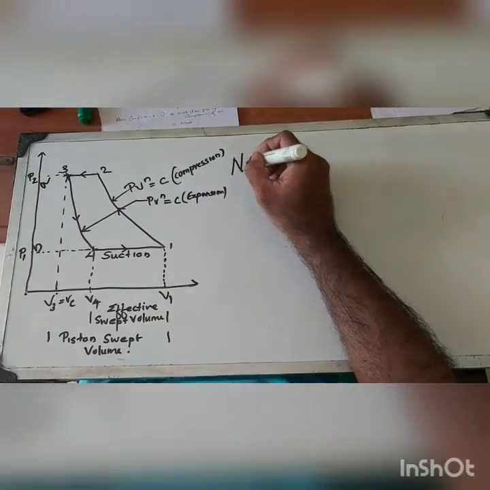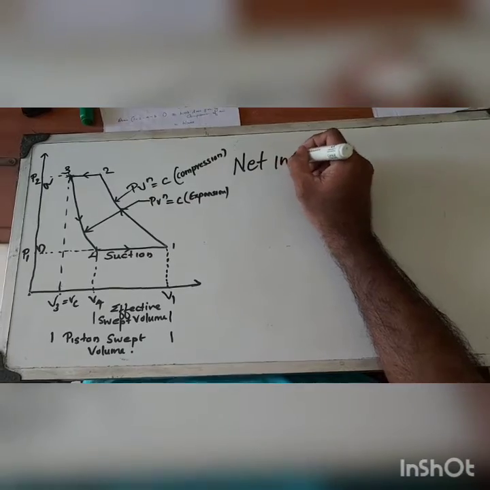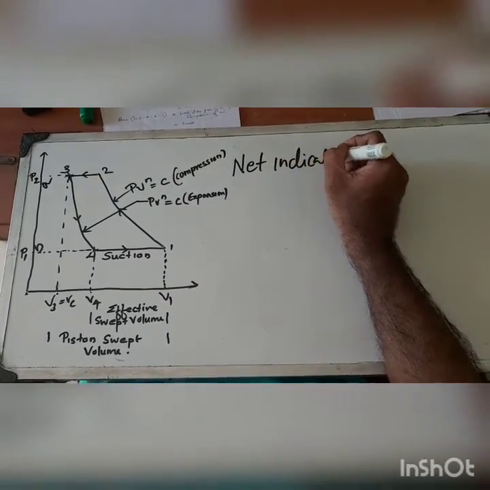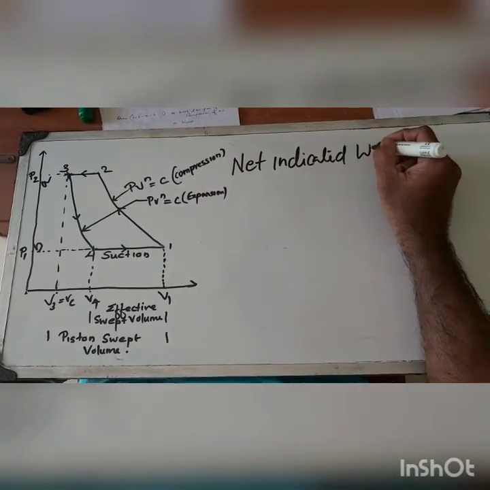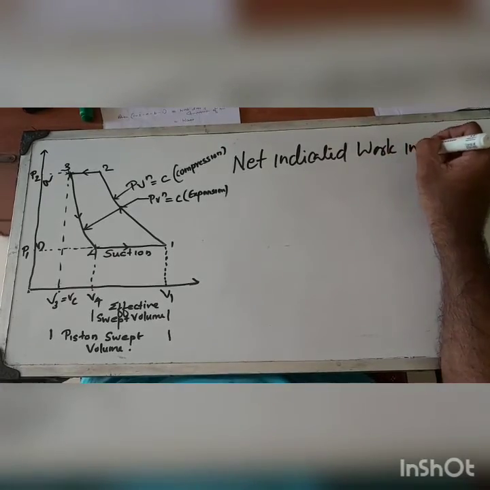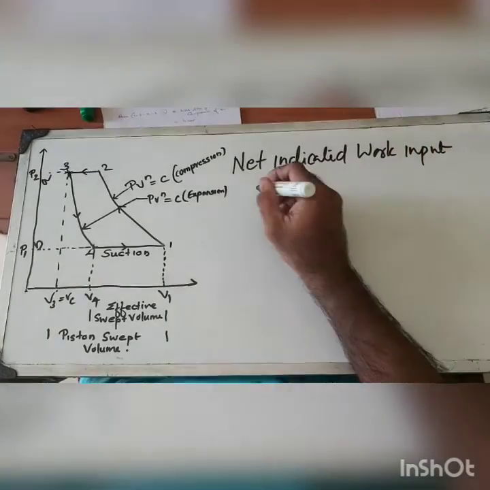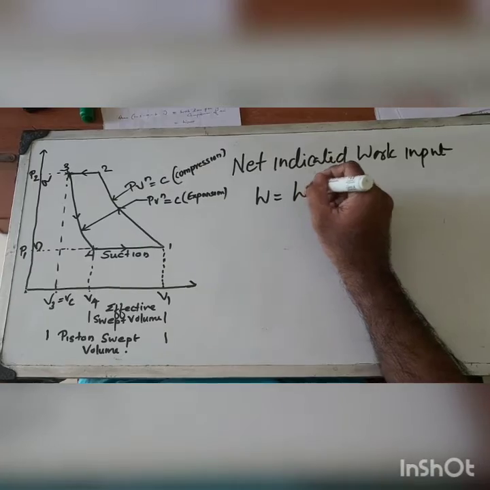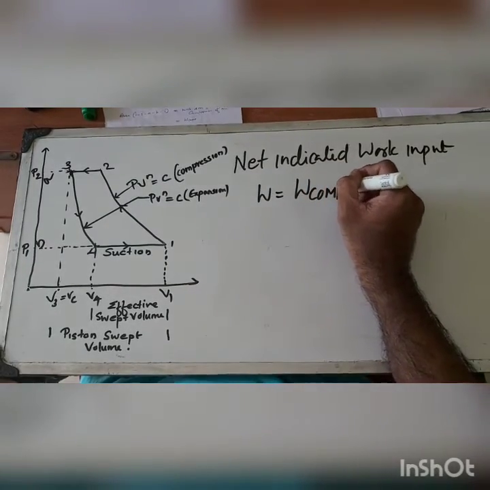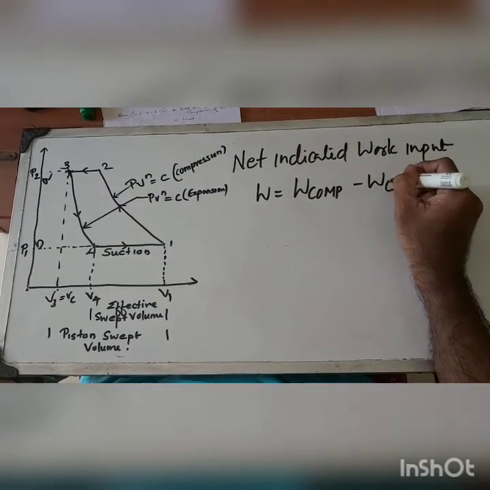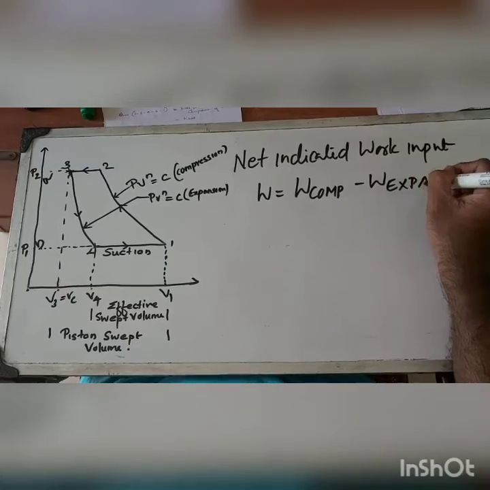Finally, net indicated work input W is equal to work of compression minus work of expansion.